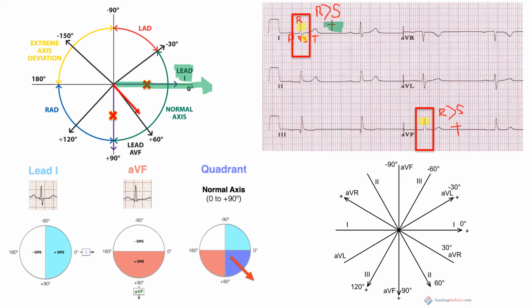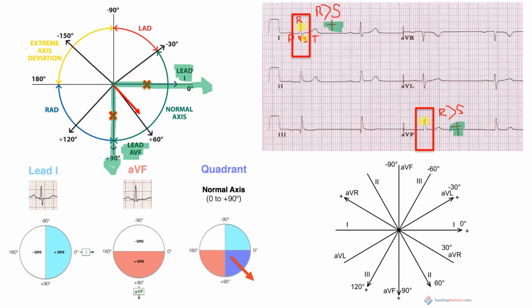Then you find your AVF. So here is your AVF, and I'm going to draw my vector going down this way towards the positive 90, because I'm not going to draw it up to the negative 90. It's also positive.